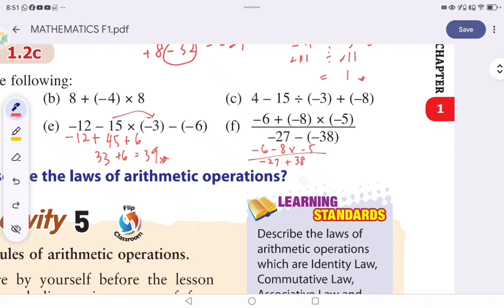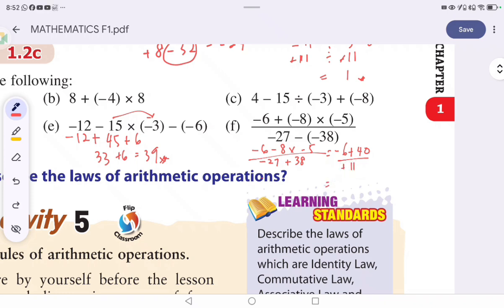So you see negative 6, negative becomes positive 40 over 38 minus 27 becomes 11, positive 11.